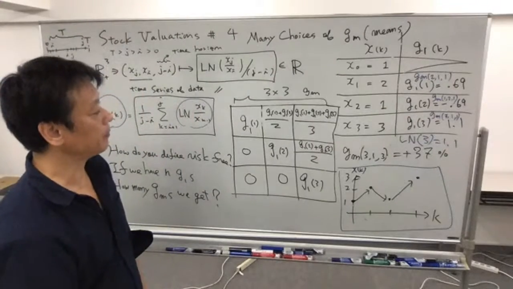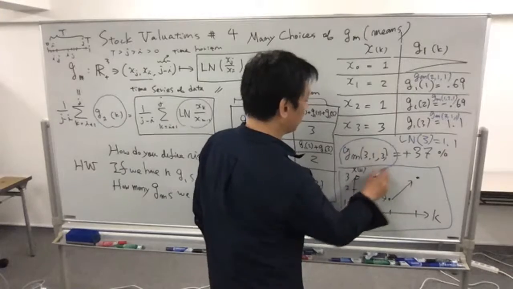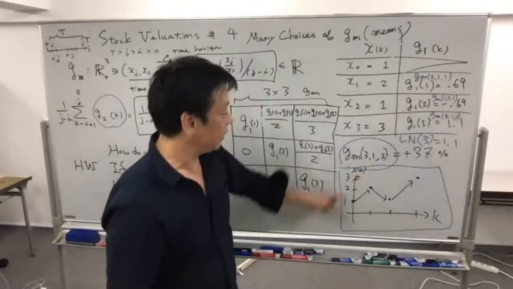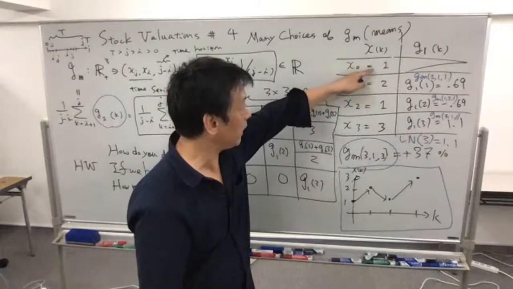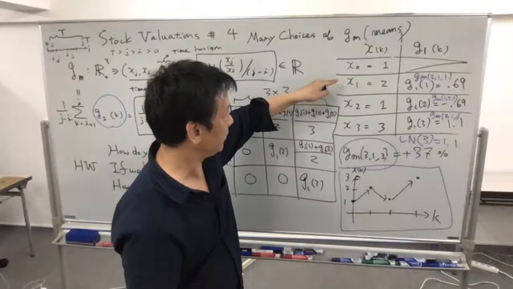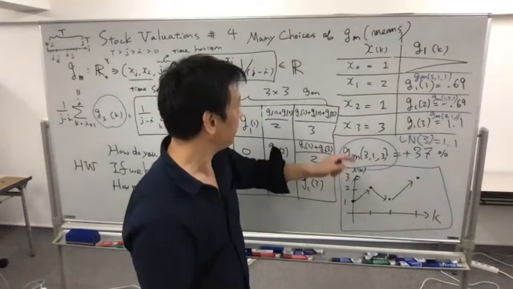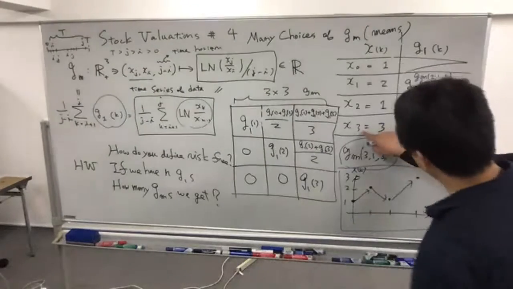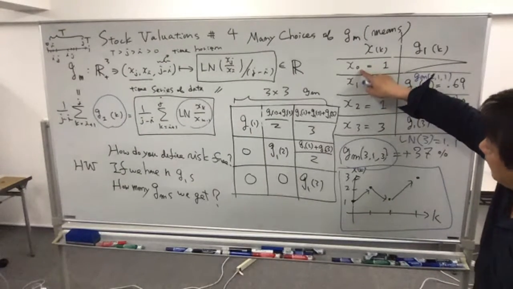And then what's GM, for example, GM313? Ending value of 3, starting value of 1, and a time interval of 3 years. J is 3 and i is 0, so 3 minus 0.